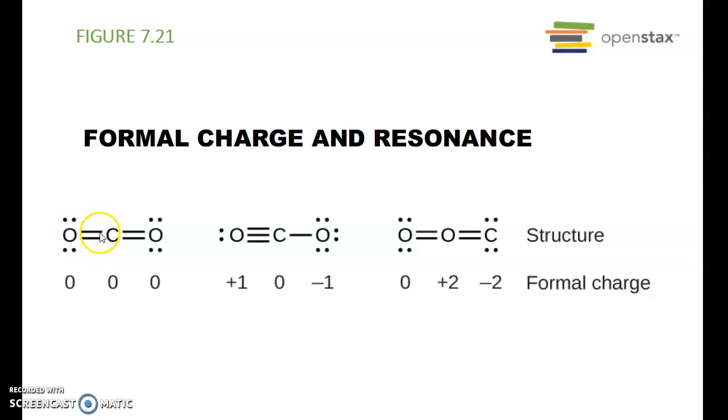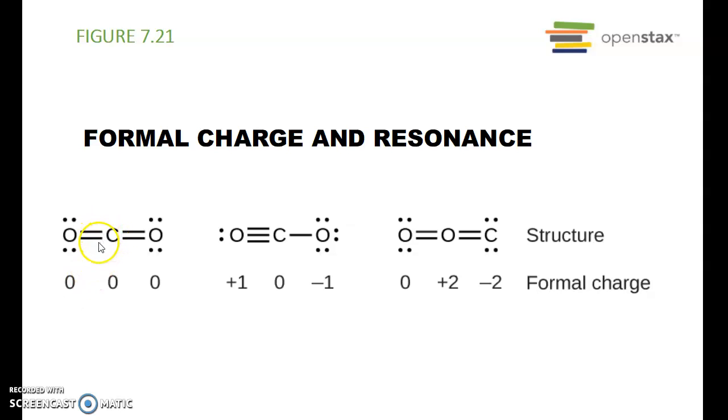And each bond counts as 1 electron only for formal charge. So this would have 2 electrons here, 2 electrons here, and then 1/2 of each of these, so that would be 2 more here. That would be 6. Now, that is the normal number of electrons around oxygen, so that would have a formal charge of 0.